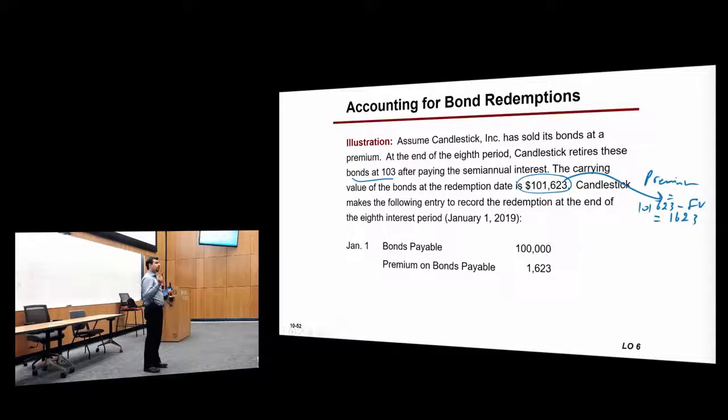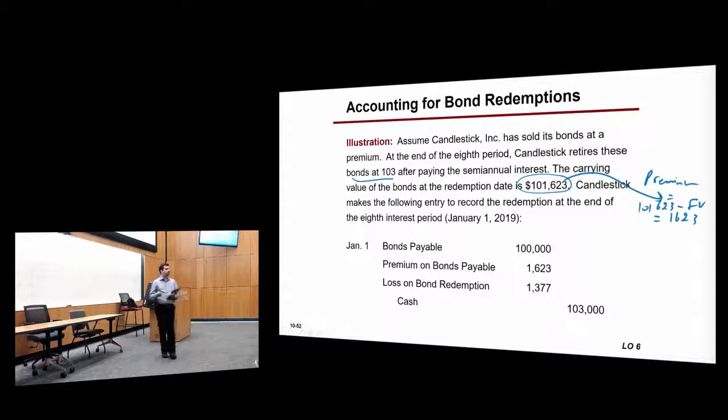Remember, the company debited cash, credited bonds payable, and premium on bonds payable, right? Now we'll do the opposite. We will debit bonds payable and premium on bonds payable. We will credit cash, and any difference between the two will be recorded either as a loss or as a gain.